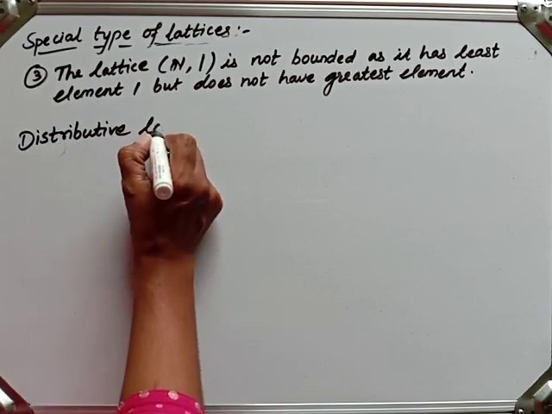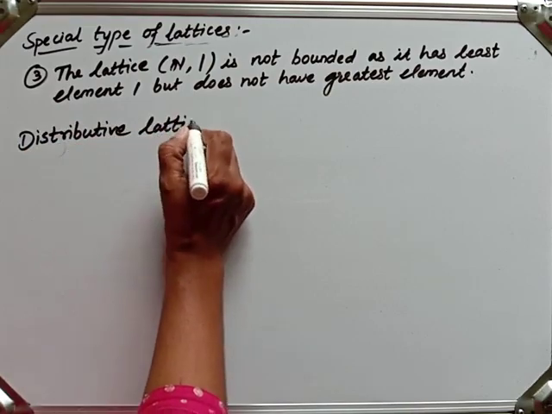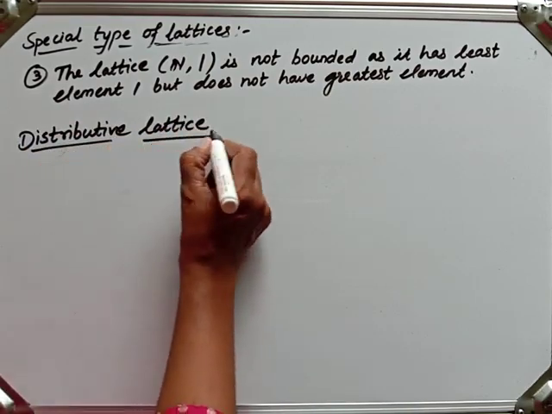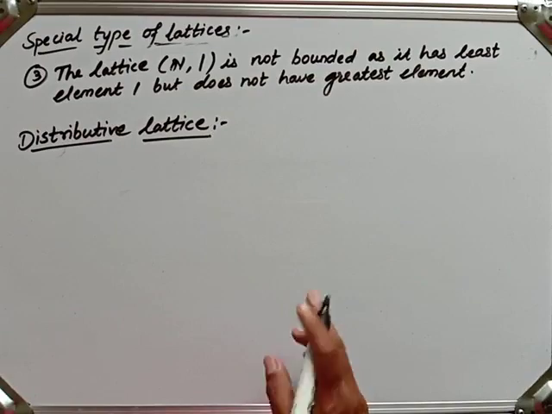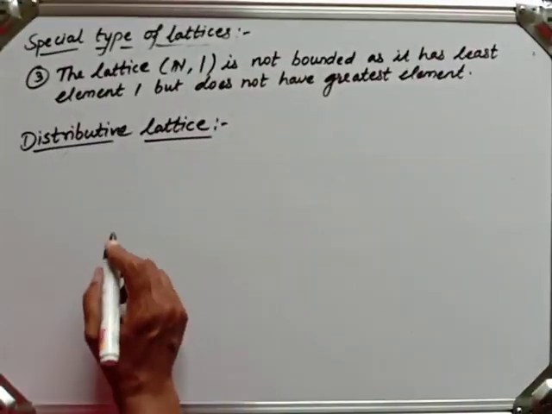Now let us take the next one, that is the distributive lattice. As the name says, it should satisfy the distributive property with the two operations of the lattice, join and meet. Then it will be distributive, otherwise it is not.